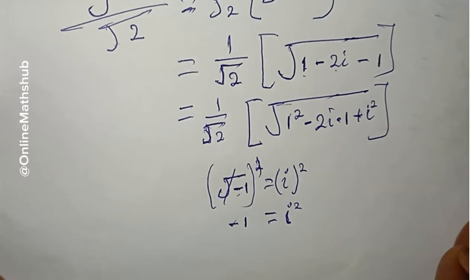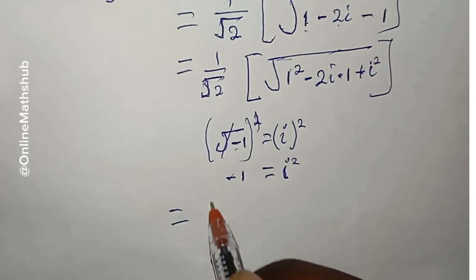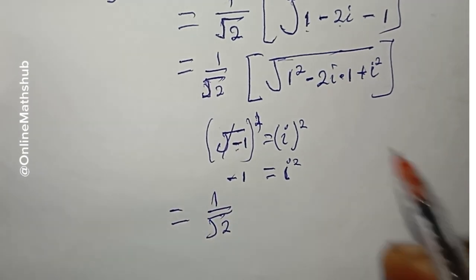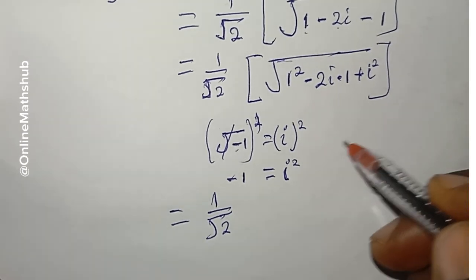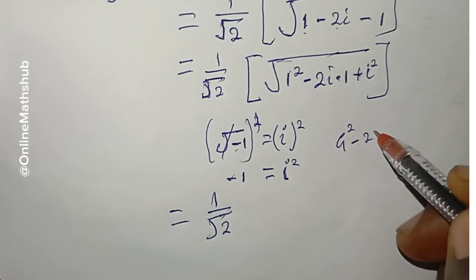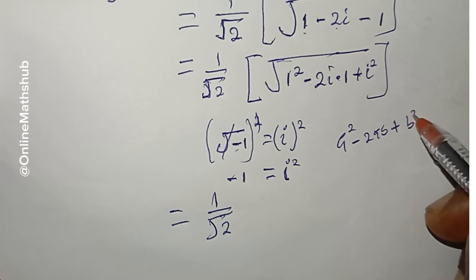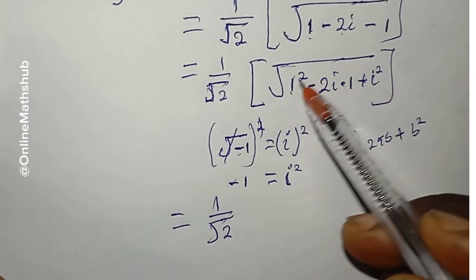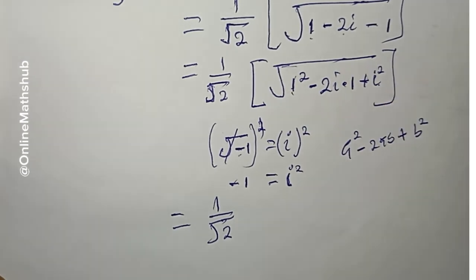Let me put this too, and then moving on, what I'm going to be having next is 1 over root 2, and then this expression we have here is similar to a squared minus 2ab plus b squared, where in this case our a here is equal to 1 and b is equal to i.